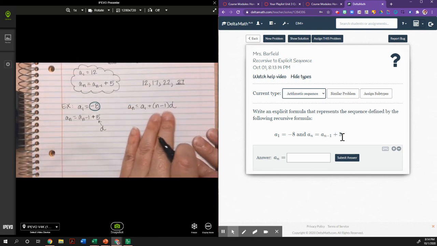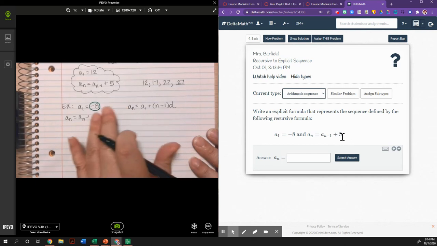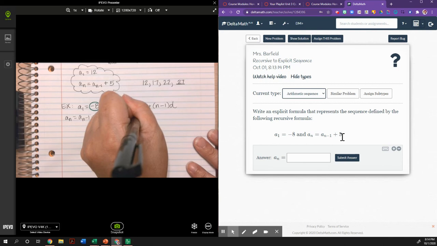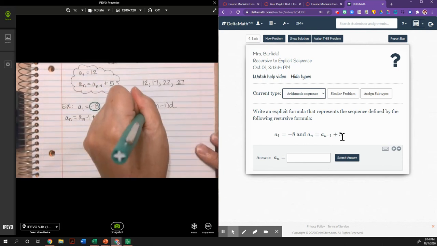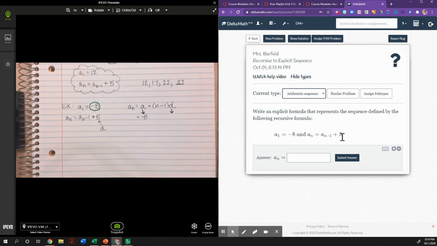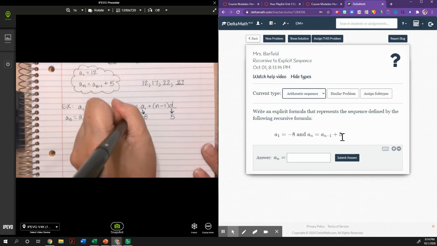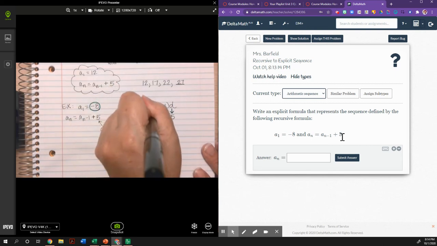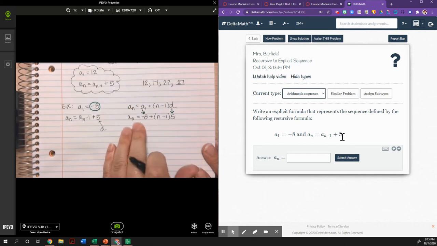All I'm going to do is plug in a sub 1, which is negative 8, and then plug in my value for d, which is 5. So a sub n equals negative 8 plus n minus 1 times 5.